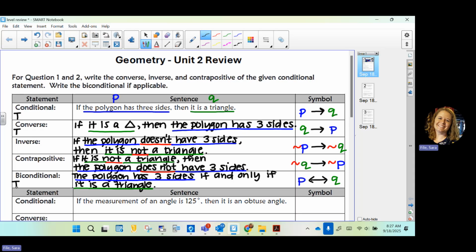And they didn't ask us for the truth value, but we can determine that. If we want to go ahead and put true or false on the others, if the polygon doesn't have 3 sides, then it's not a triangle. That's true. If it is not a triangle, then it does not have 3 sides. That's also true. So in this case, all of these were true.